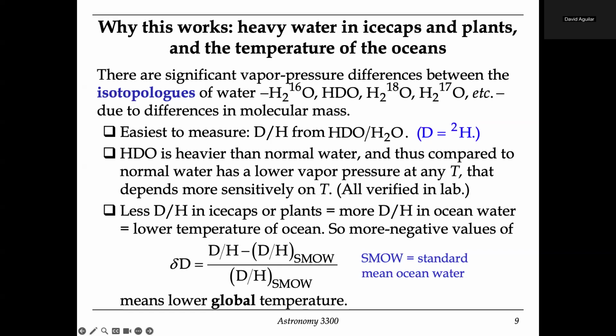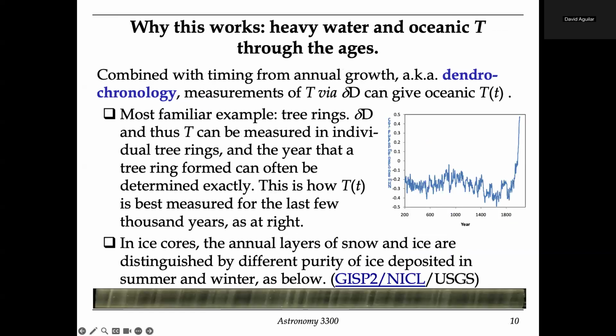So, all right. So here's how it works. Oh, this is coming out really well. These are dendrochronology measurements of T as inferred from the delta D. So the delta D is the deviation from standard mean ocean water, and these measurements of delta D in the ice caps let us infer mean ocean temperatures, because we think we understand the connection.